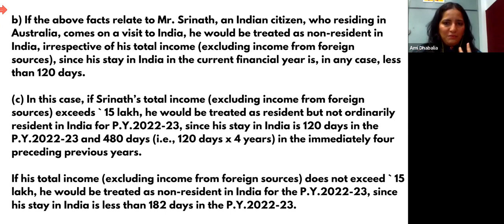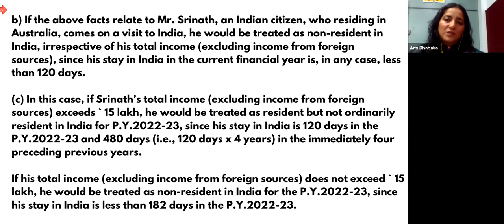If you see exception 2, the person should be an Indian citizen or a PIO, income should be more than 15 lakhs, and stay should be more than 120 days in the previous year or 365 days or more in the 4 PPYs. Now he satisfies both the conditions, so he is a resident.